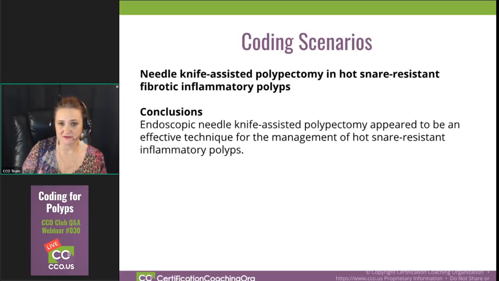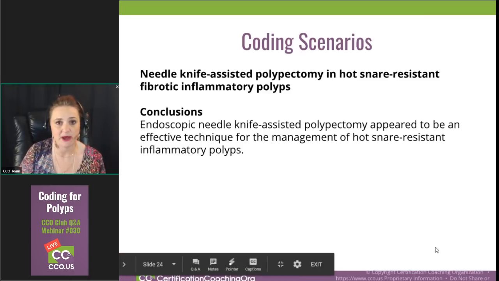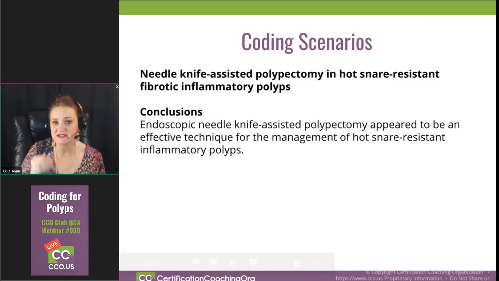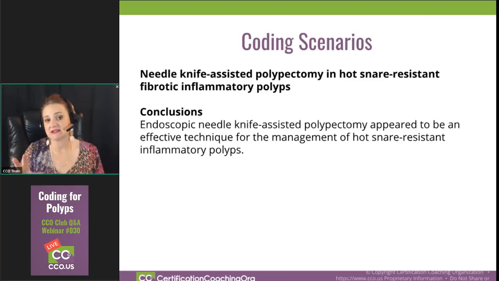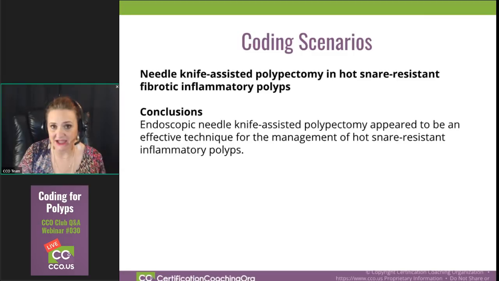So the conclusion from the abstract was that this needle knife assisted polypectomy really appeared to be the most effective when you had something that was resistant to the hot snare removal of these inflammatory polyps and getting all of the polyp tissue. So again, this isn't something that I was showing you to code, but I wanted you to see the verbiage. And you can go out and look at these abstracts on this type of technique, okay?